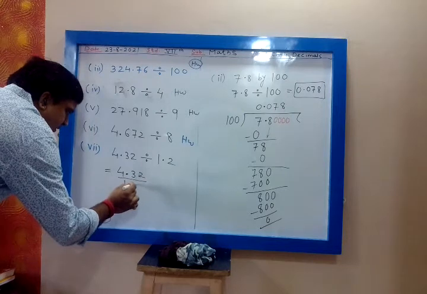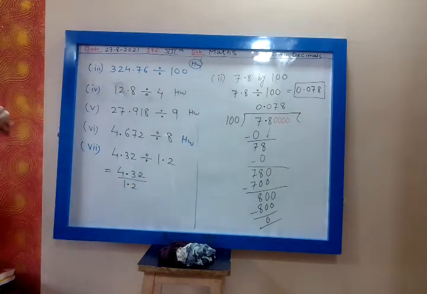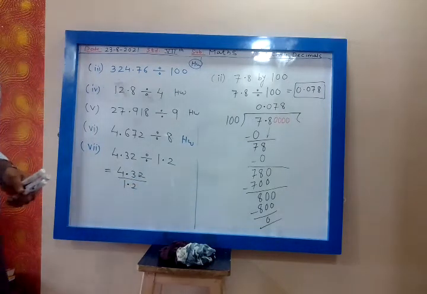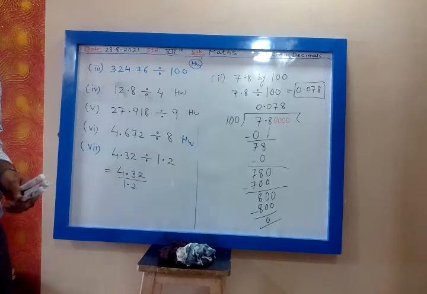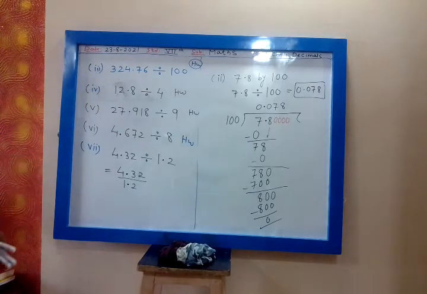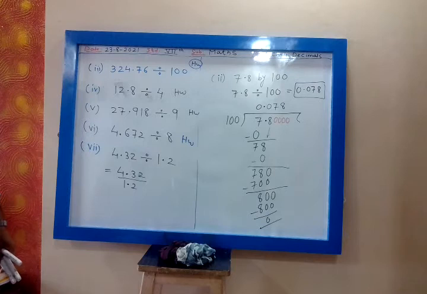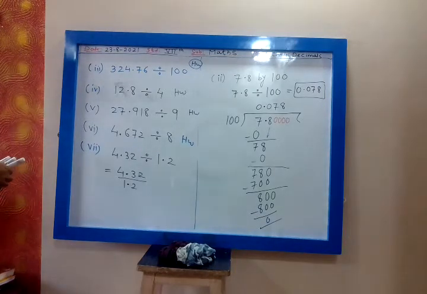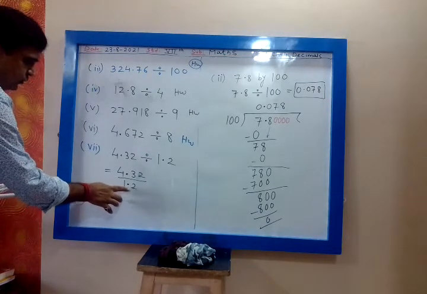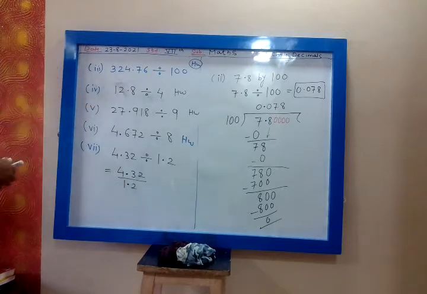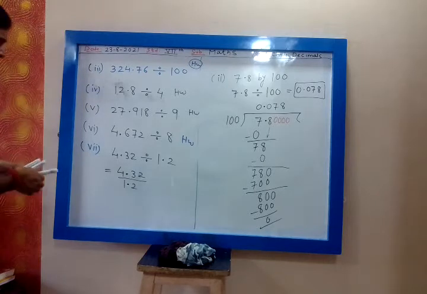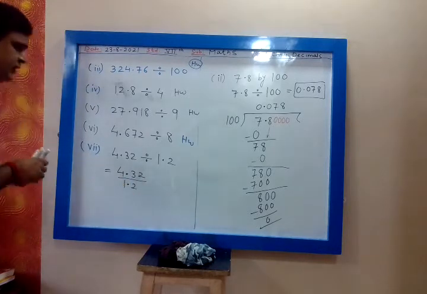Let me first remove the decimal part. Wherever decimal is there in both, you have to remove the decimal part. How you will remove the decimal part? See this. 1.2 you have to convert into 12. That means when you remove the decimal of denominator, see.